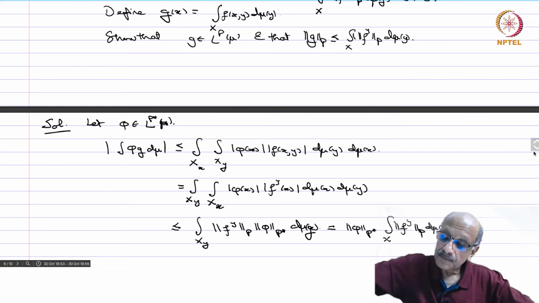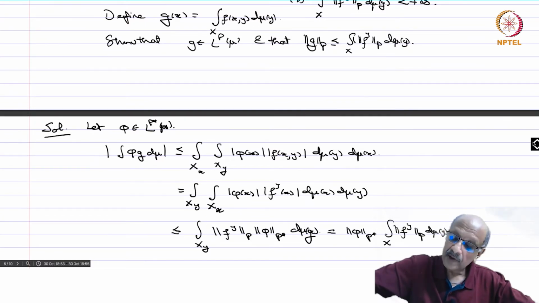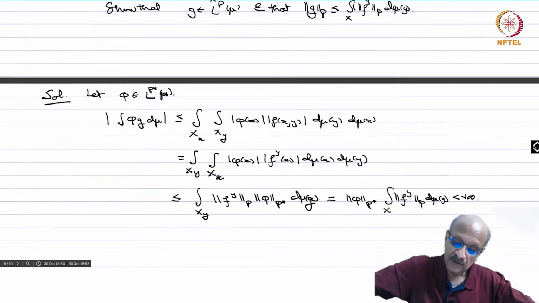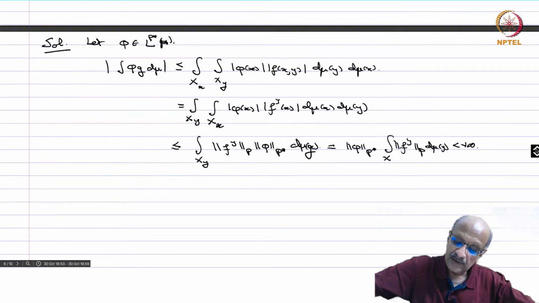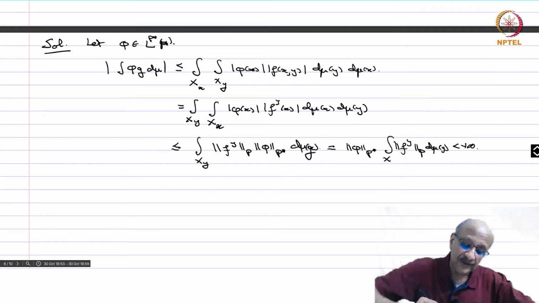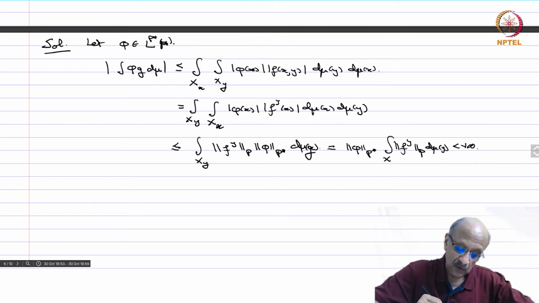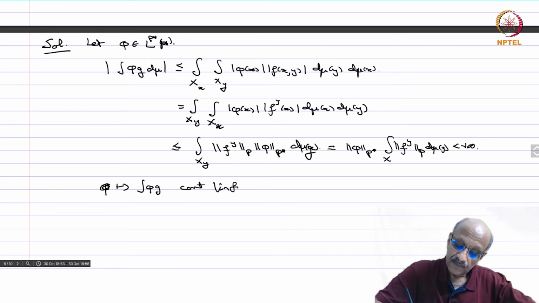Given that 1 < p < infinity, phi is in L^p star, and phi going to the integral of phi g is a continuous linear functional on L^p star(mu).